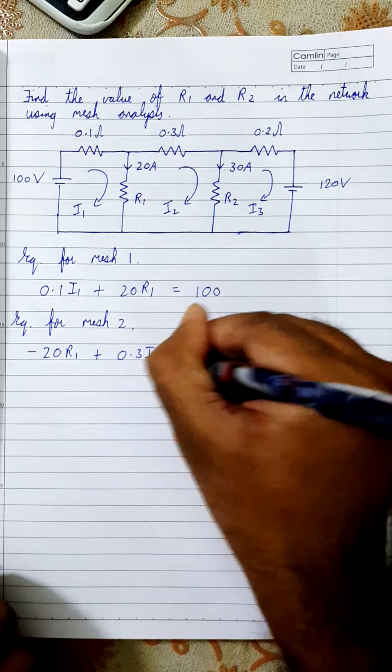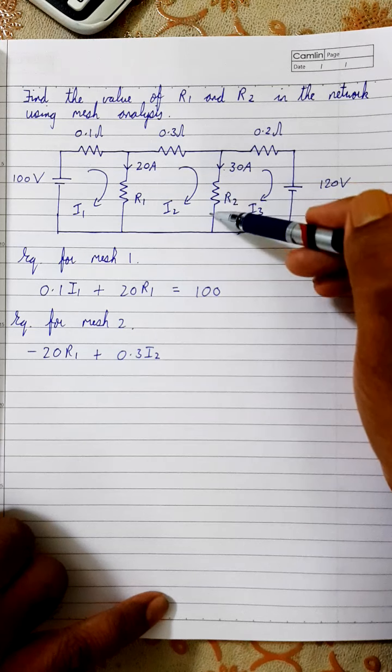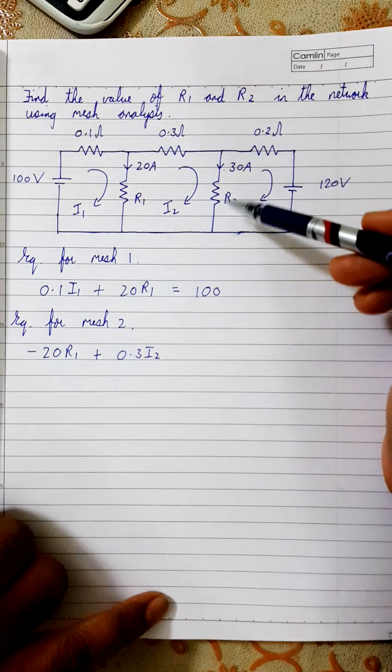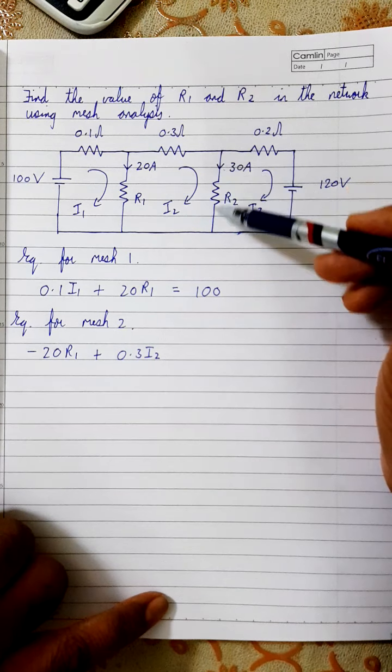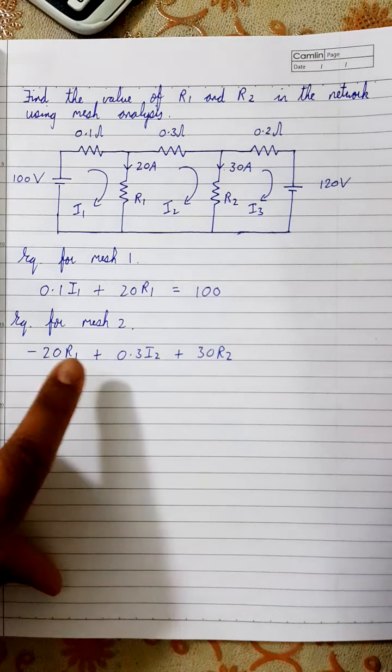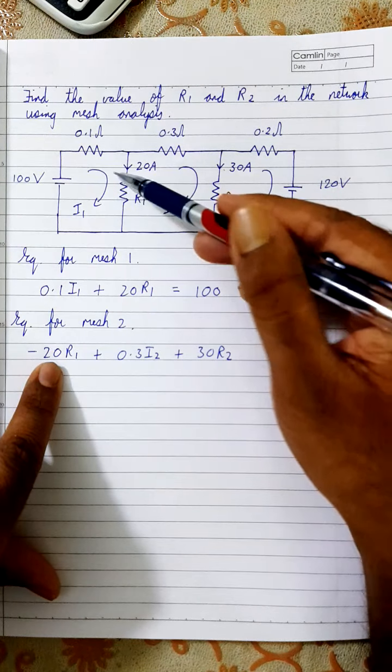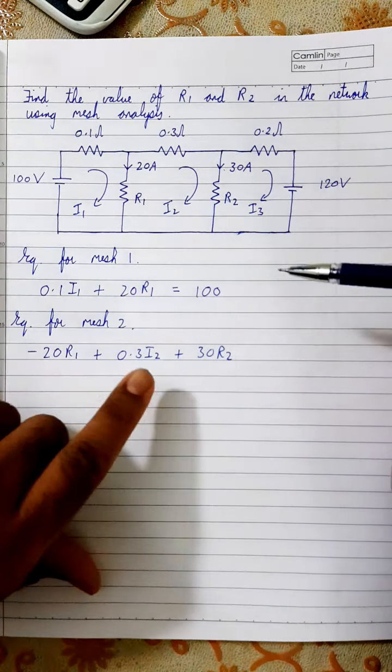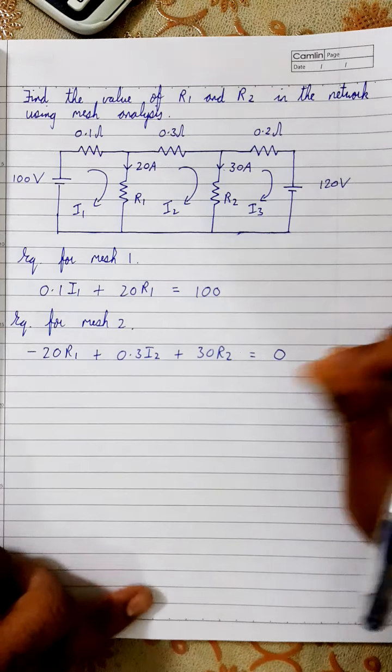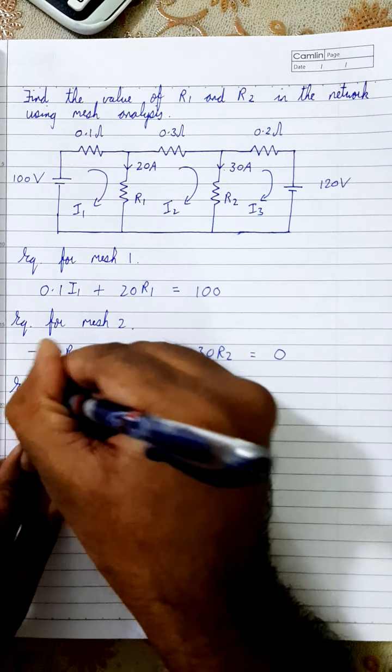Here both I2 and 30 amperes are flowing in the same direction, which means this is plus 30 R2. 20 R1 is the voltage across this resistor, 0.3 I2 is the voltage across this resistor, and 30 R2 is the voltage across this resistor, and all this is equal to 0, because there is no voltage source over here.